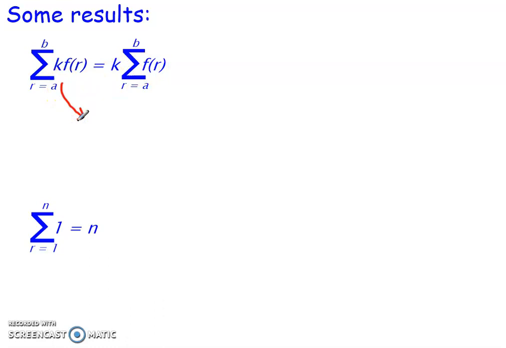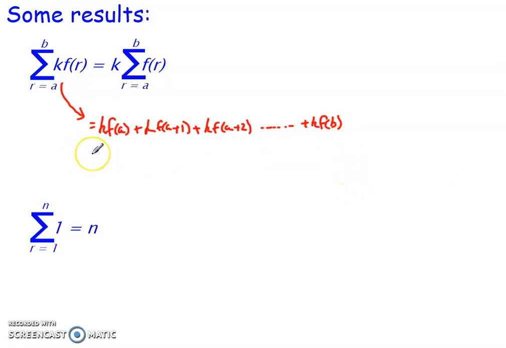Well, what this tells me is that the sum of k times f of r is given by k times my starting term, f of a, plus k times my next term, f of a plus 1, plus k times my next term, f of a plus 2, and that's then going to continue on and on, all the way up to plus k times f of b, my final term.